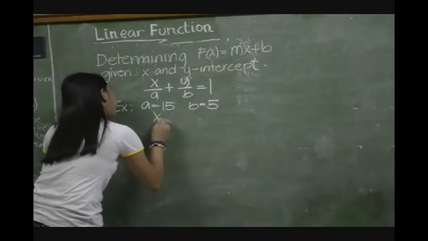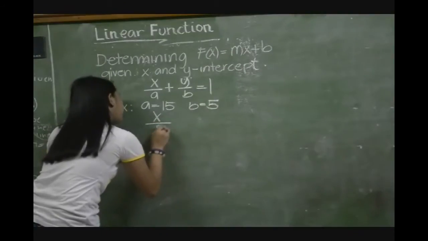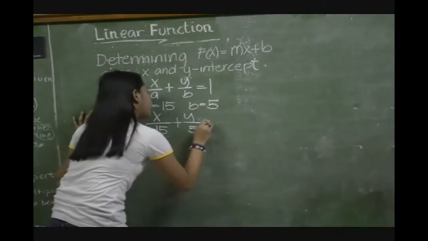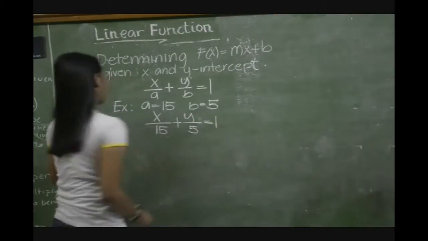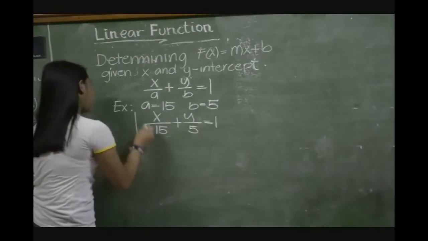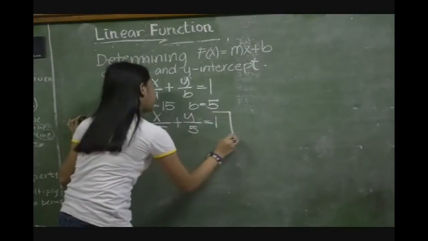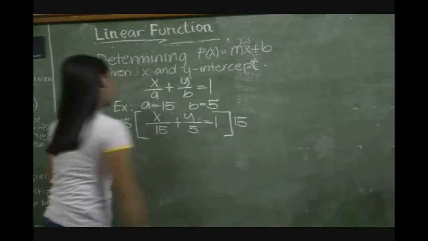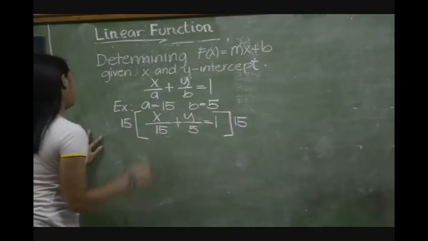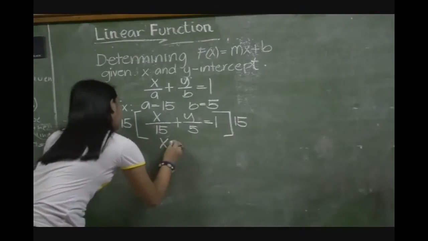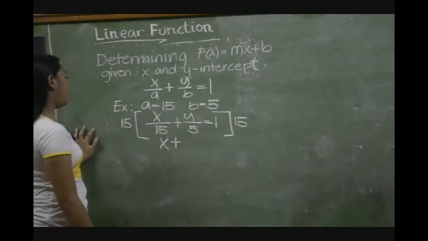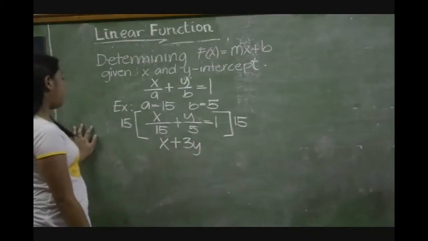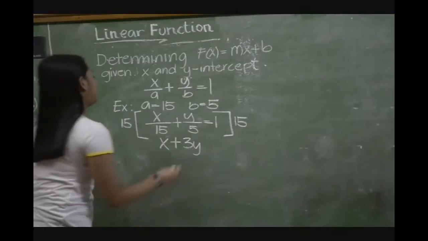So it will become x over 15 plus y over 5 equal to 1. Then multiply both sides by their LCD, which is 15. 15x over 15 is equal to x, plus 15y over 5 is equal to 3y. 1 multiplied by 15 is equal to 15.